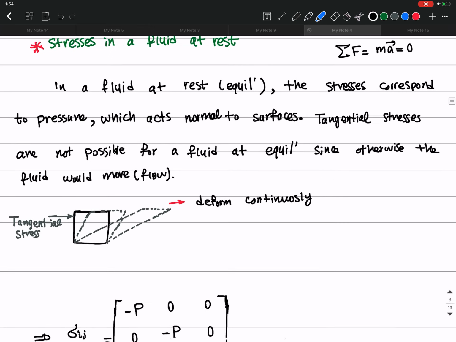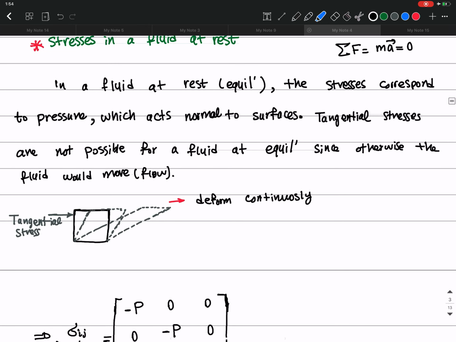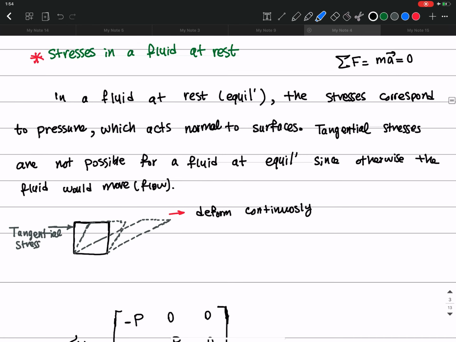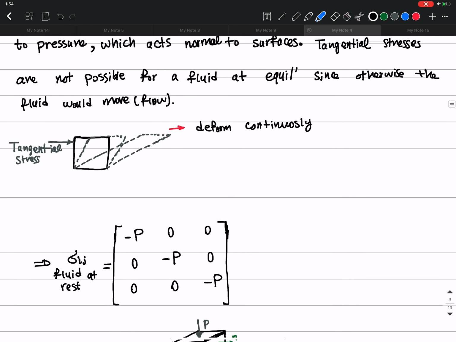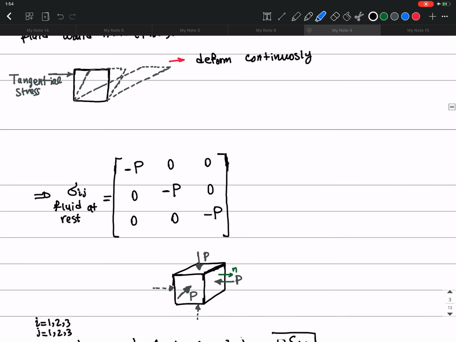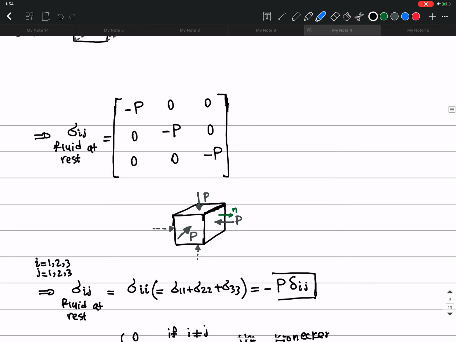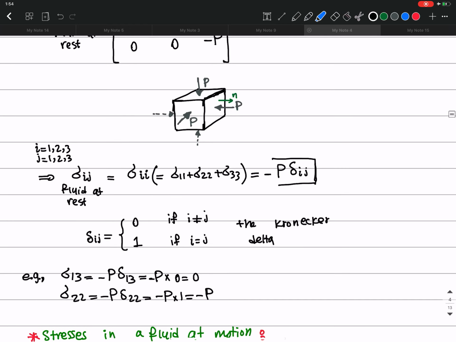And then we derived the stresses in a fluid at rest, which is basically just going to be pressure, because we cannot have tangential stresses in a fluid that is at rest. So this is the relation for the stress tensor in a fluid at rest.